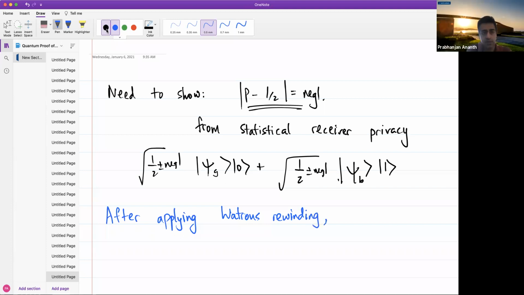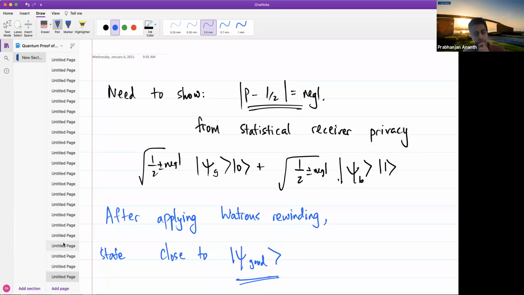We get something that is close to the final state, and thus you can extract, and the state contains W1, by the correctness of OT. So we have successfully extracted one bit.